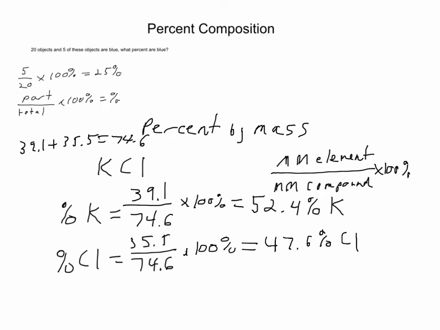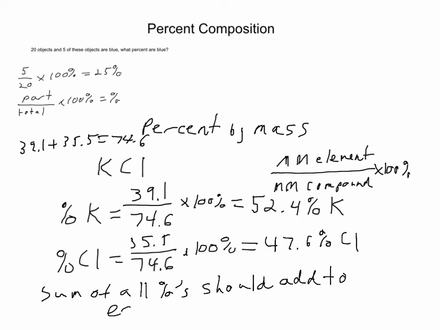And the way we can check this is that the sum of all percents should add to equal 100%, because all the percents combined, so potassium and chloride are the only things that make up this compound KCl.